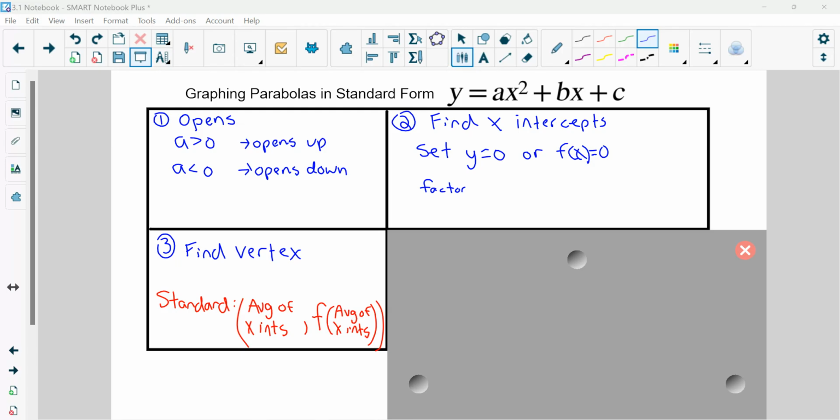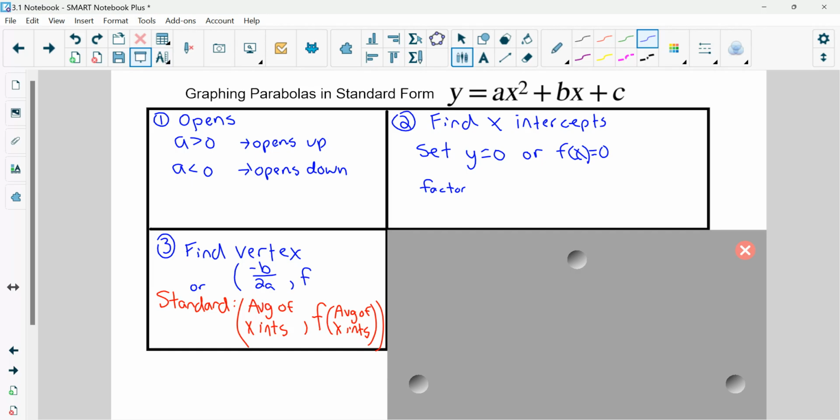The other way you can do it, if you're good at memorizing things, is negative b over 2a. So if you look at the standard form equation, the b is what's in front of the x, so you take the negative of whatever's in front of the x and divide it by 2 times whatever's in front of the x squared.